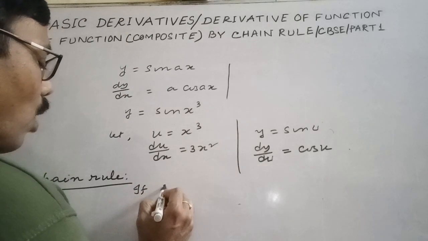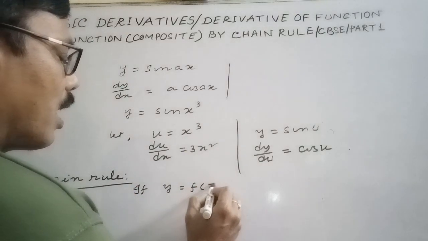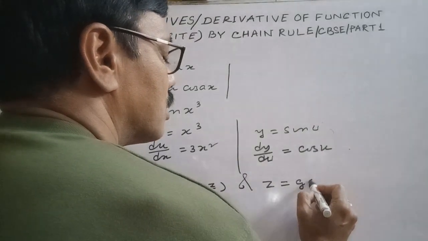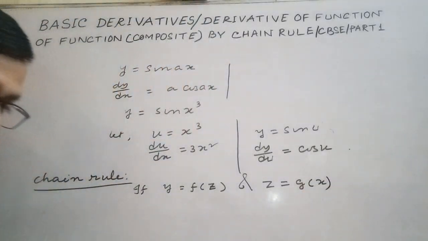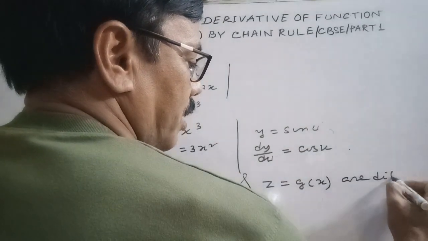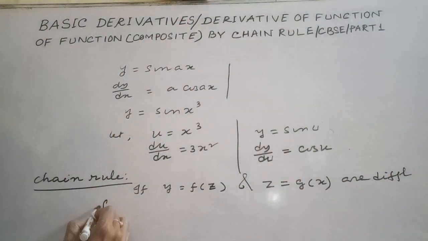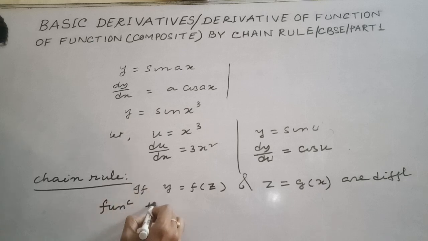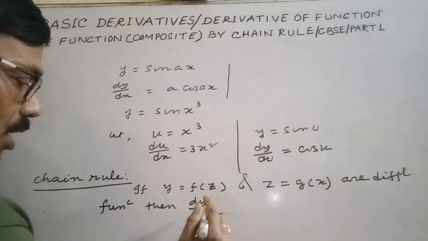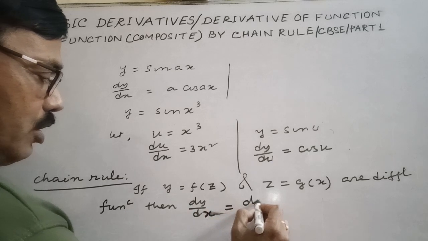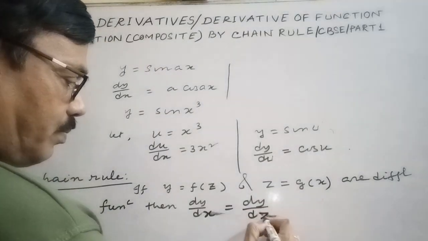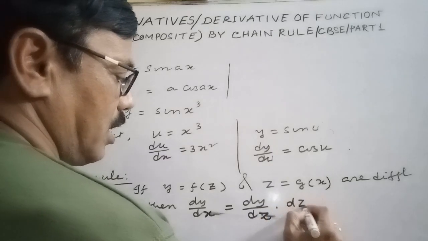Chain rule: if y equals f of z and z equals g of x are two differentiable functions of x, then dy by dx, our main aim is to find dy by dx, equals dy by dz into dz by dx.